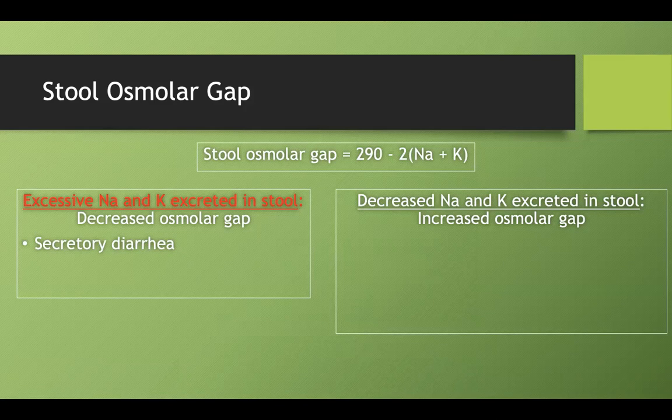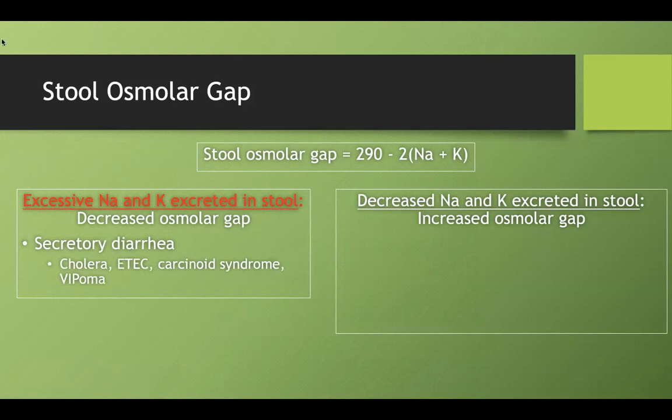And they don't care what they're throwing out. They'll throw out sodium, they'll throw out potassium. It doesn't matter to them. And so that's why you're going to end up getting a lot of sodium and potassium in your stool, because there's no rhyme or reason to how much it's throwing out.